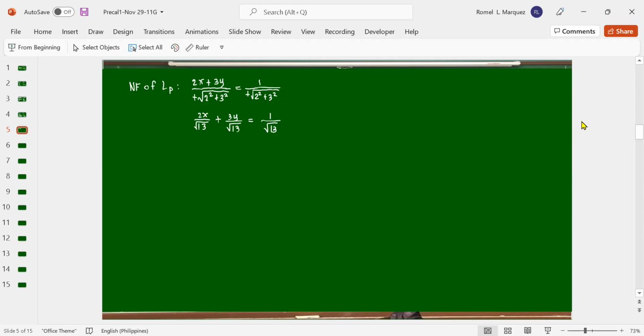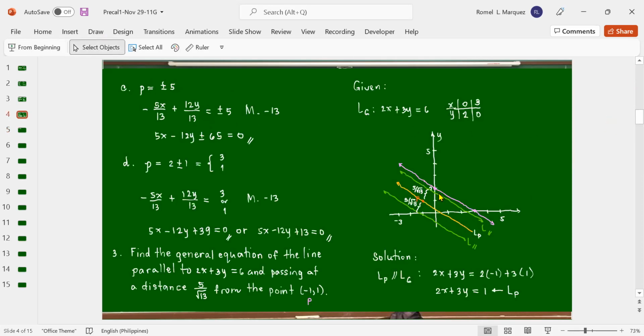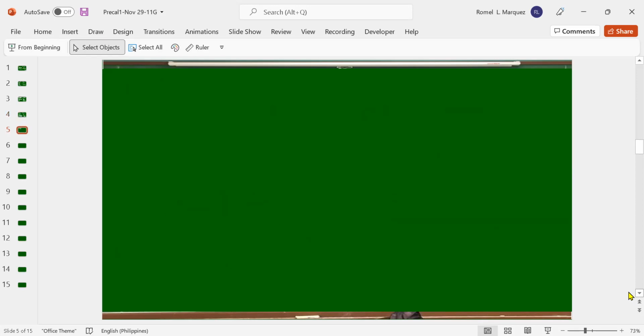So positive, right? So our figure is really satisfying the P, no? It's above the origin a little. So that is 1 divided by square root of 13. So how far is the yellow from the origin? 0.28 approximately. So how far is the required line from the yellow?